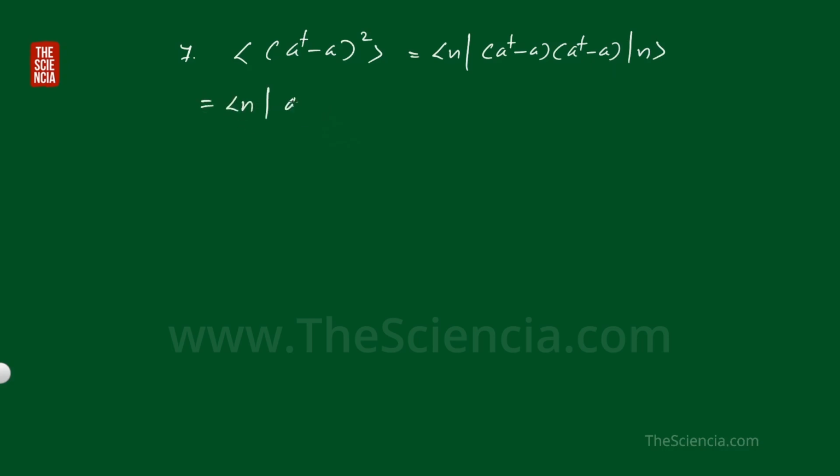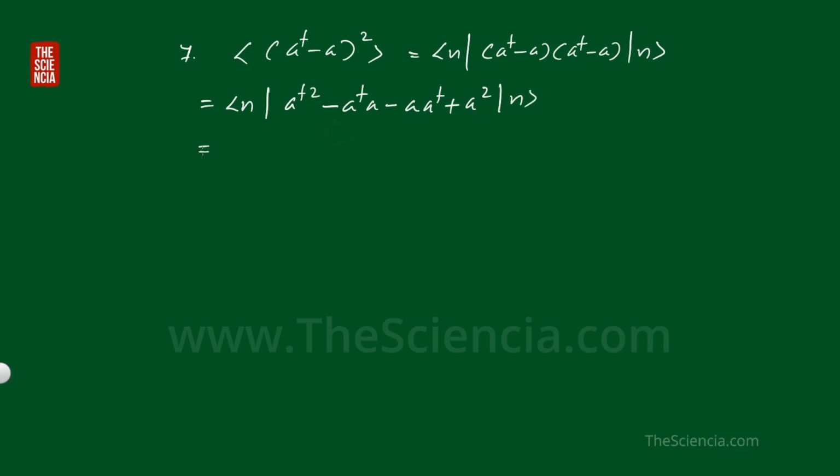Seventh one, that is expectation value of (a dagger minus a) whole square. That is equal to ⟨n|(a† − a)(a† − a)|n⟩. We can expand this one: ⟨n|(a†² − a†a − aa† + a²)|n⟩.